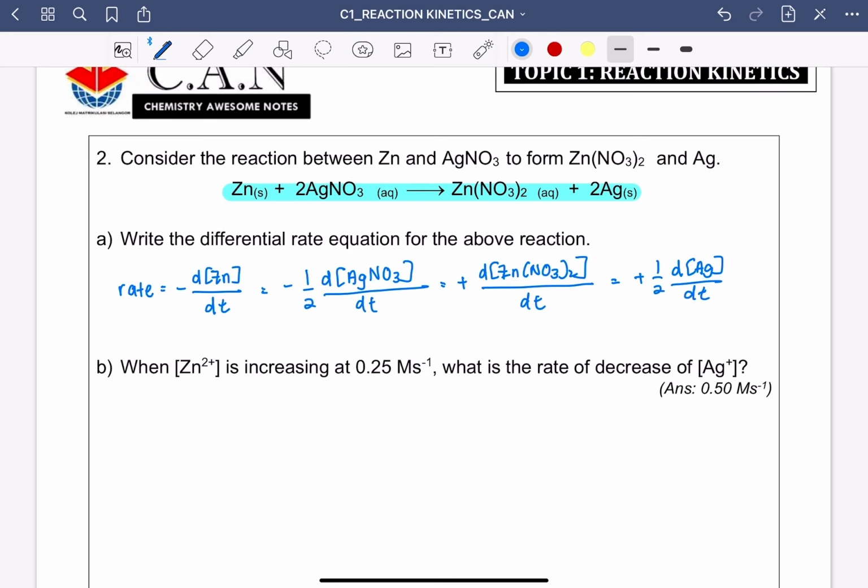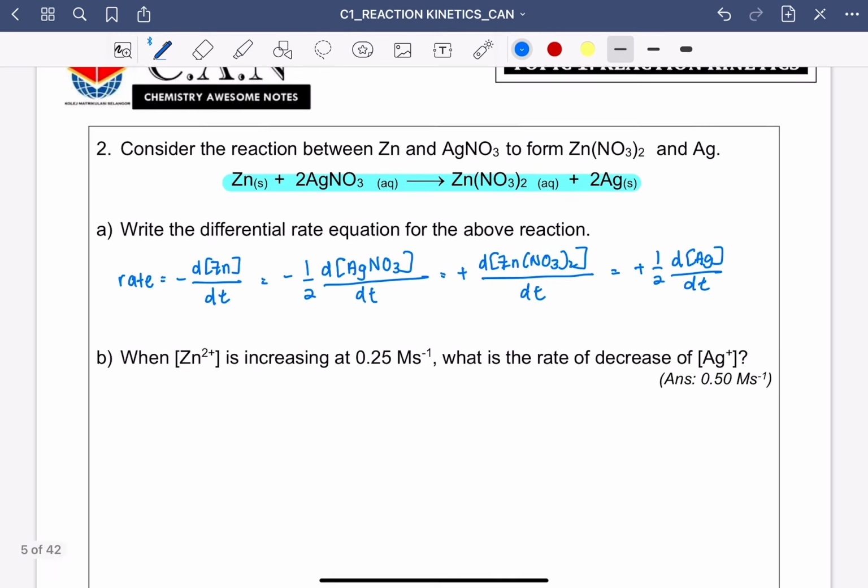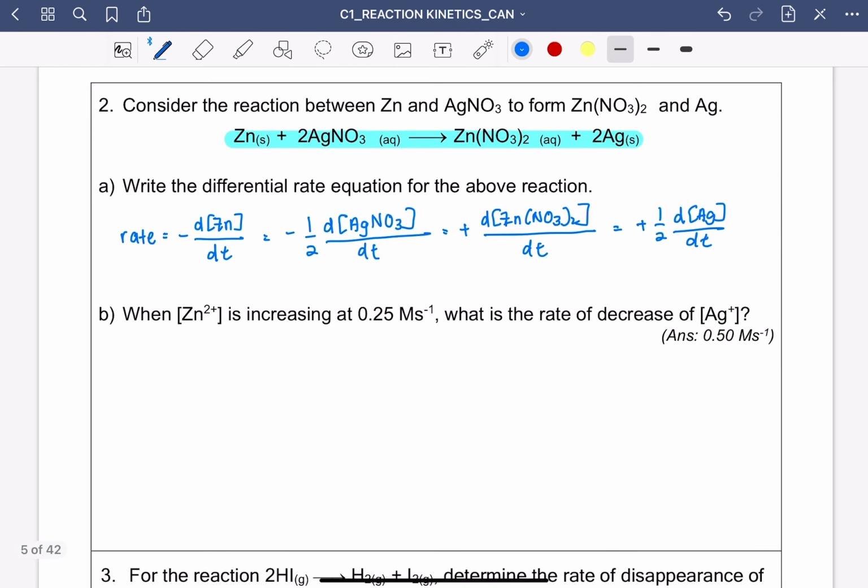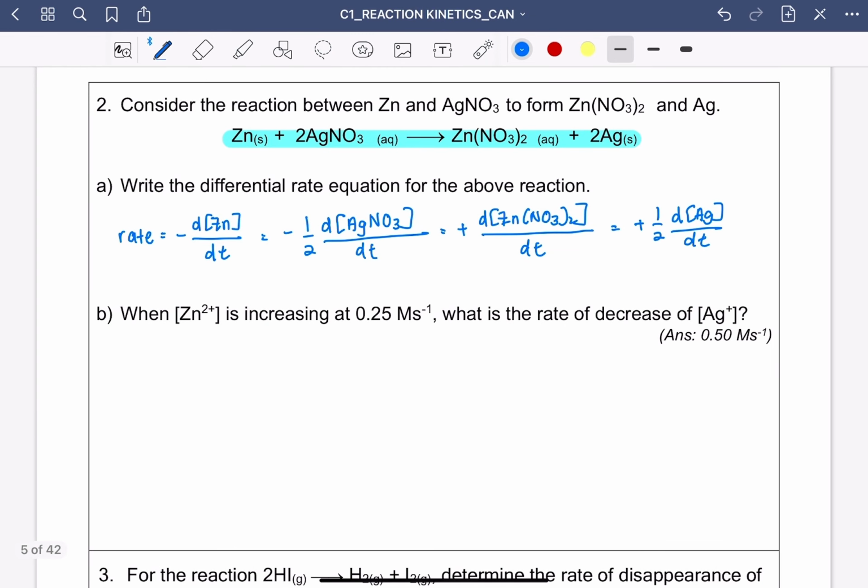Okay, this one. Right, did you get it right? I hope so. Now, let's take a look at question 2b. How are we going to solve questions related with calculation? Now, when the concentration of zinc ion is increasing at 0.25, what is the rate of decrease of argentum ion?